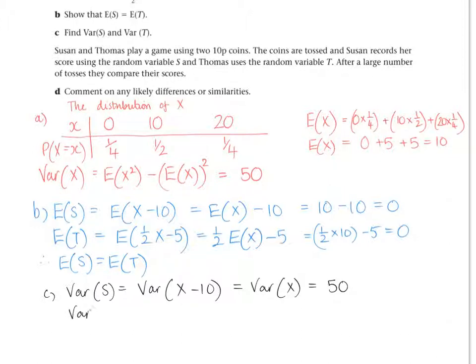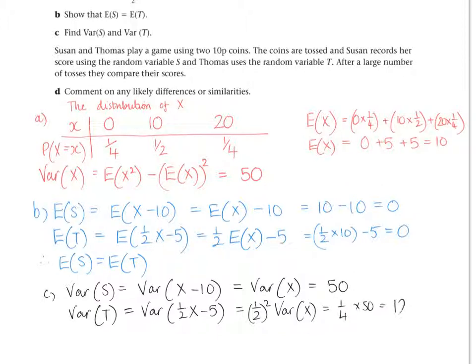And the variance of T is equal to the variance of a half X minus 5. So that's going to be equal to a half squared times the variance of X, which is a quarter times 50, which is equal to 12.5.